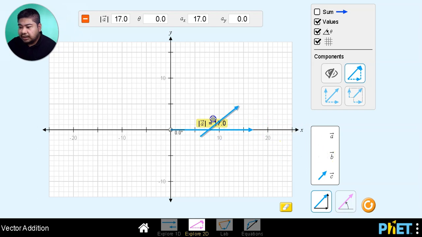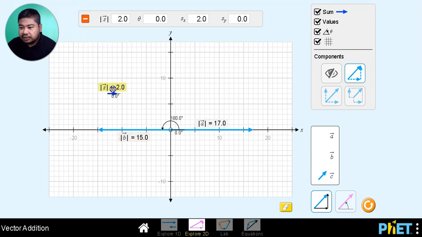And then we add another vector, vector B, and vector B is pointing to the left and has a length of 15. Let's say this is displacement, so the length is 15 meters, for example. So the sum or the resultant of A plus B, I'm going to check the sum box here.